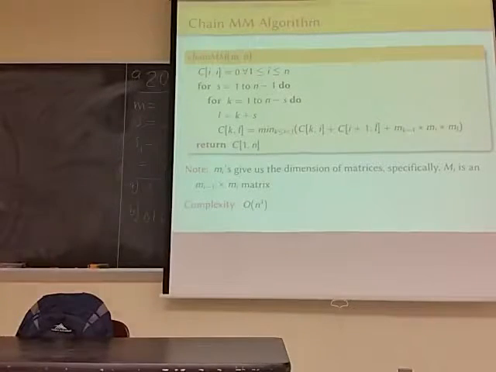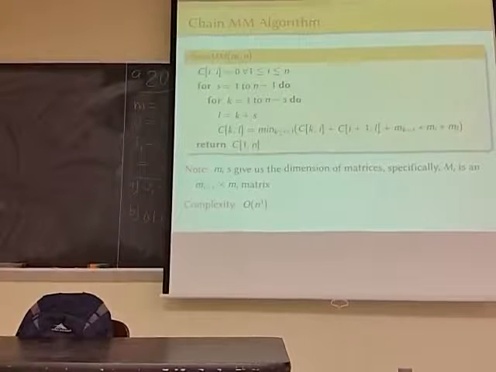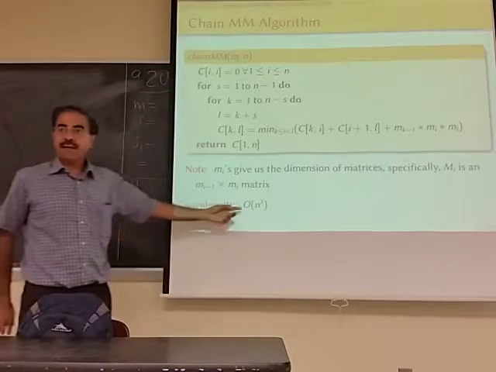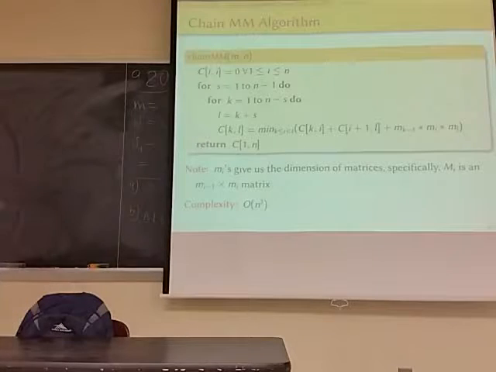And n is not your input size here. Remember, n is the number of matrices, and each matrix could have arbitrary size that has nothing to do with n. You could have n equal to 2, and your matrices could be a million by million, right?